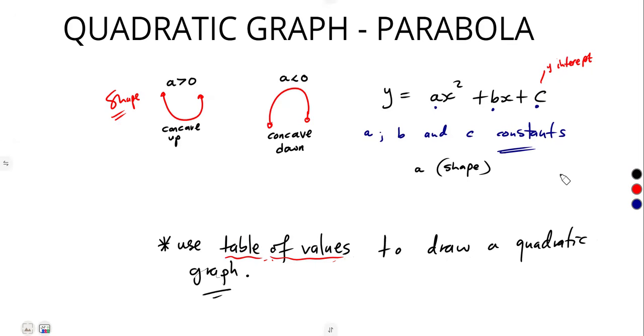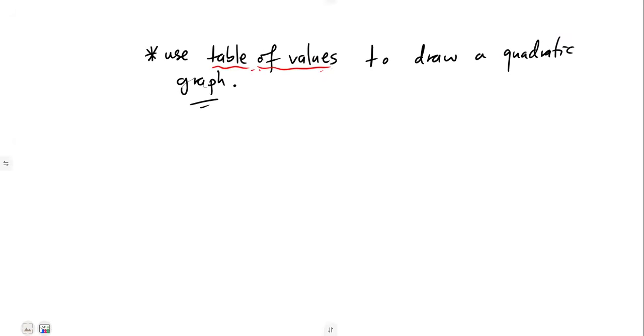All right. So in this class, I'm not going to dwell much on aspects of the quadratic graph. We are going to look into that after we have drawn it and we understand the shape. Then we are going to look into a lot of things about this quadratic graph. So let's say we have got something like this, a graph of y is equal to x squared.